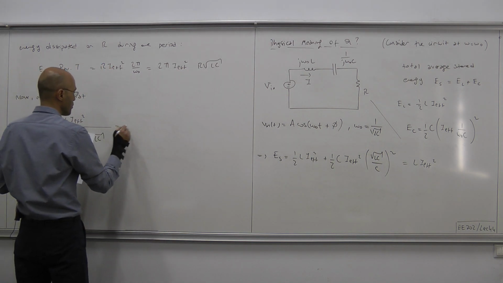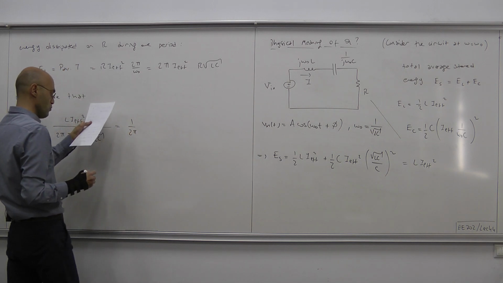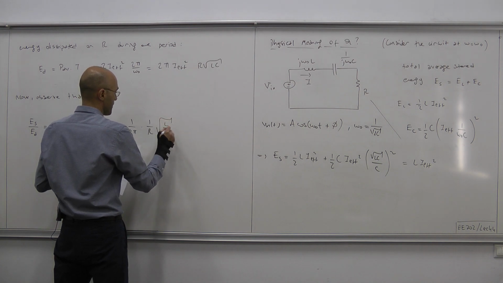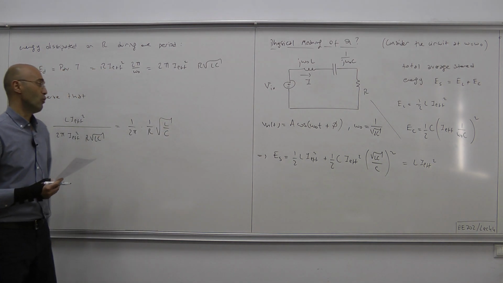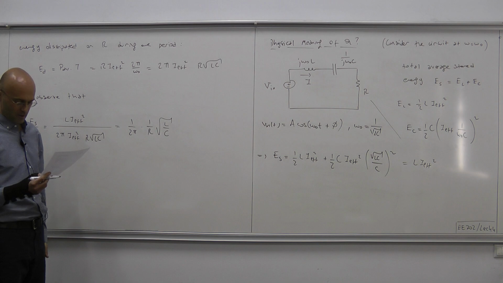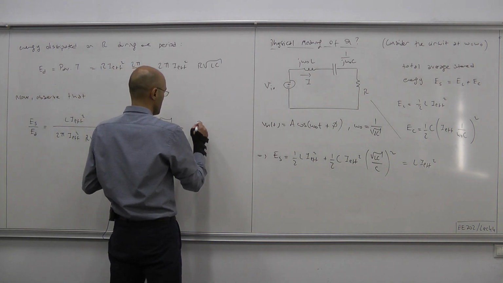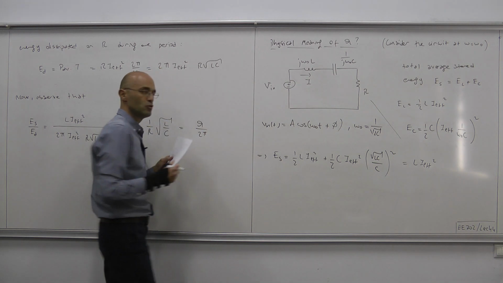That equals 1 over 2 pi times 1 over R times square root of L over C. And this thing was our quality factor. So that equals the quality factor over 2 pi.